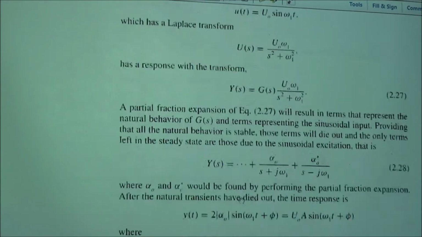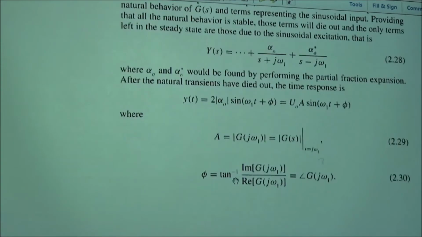So you'll get two changes. Your amplitude will be the original amplitude times the amplitude of the input, and then you have a shift of phi. So you pick up a phase and a magnitude in this process.